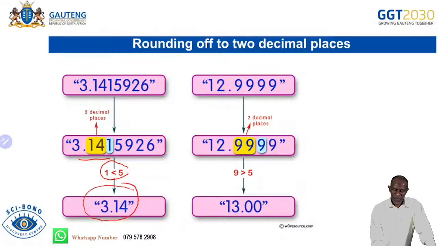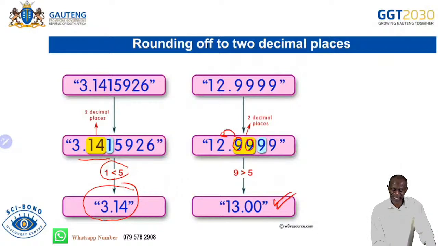But the scenario is different with the second one, where you have 12.9999. So if we were to convert this figure to 2 decimal places, the third digit is above 5, 9 is bigger than 5, then this automatically changes this to 10. And if we move the 1 to the next one, it's another 10, which is 0, and it has to be moved across to here, and it results into 13.00.